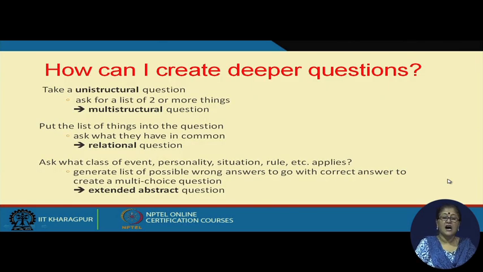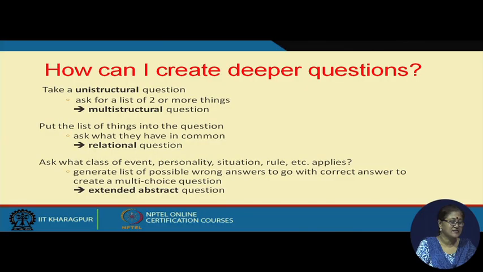So, how do you create deeper questions? Take a unistructural question and then ask for at least 2 or more things. In that case, it will become a multistructural question. Now, put the list of the things into the question. Now, ask what they have in common. In that case, the common means one relation will come. So, it will go to the relational level.